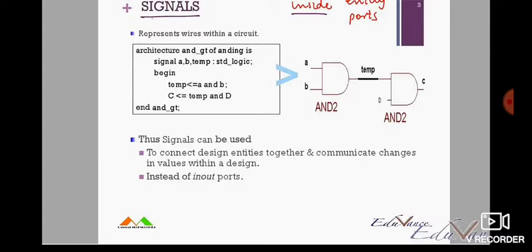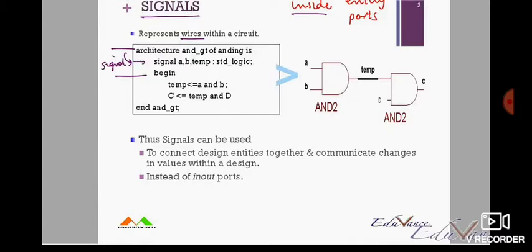We will use signals to represent wires within a circuit. For example, the syntax is as follows. It is written inside the architecture. Between architecture and begin, this is where you will do your signal declaration like this.